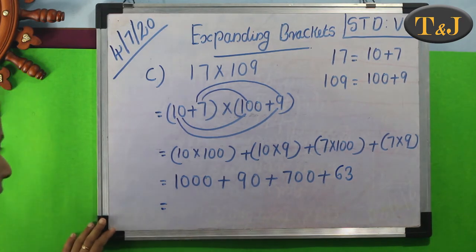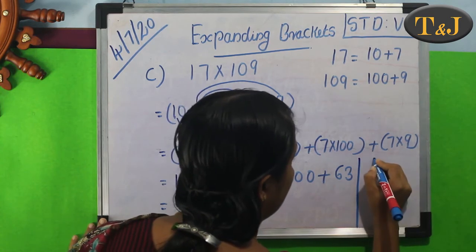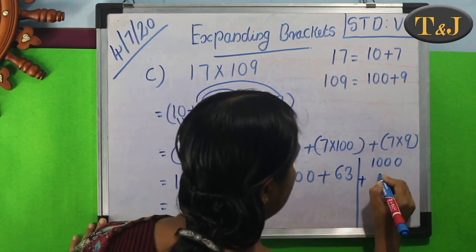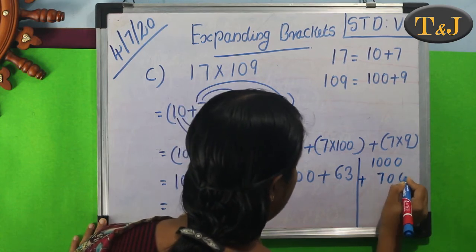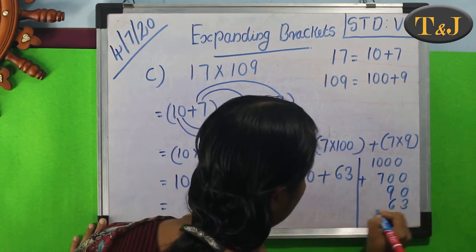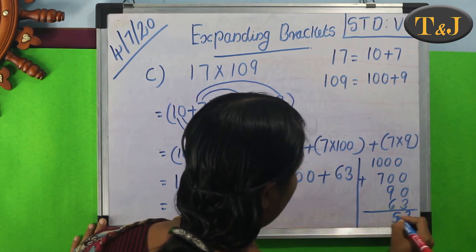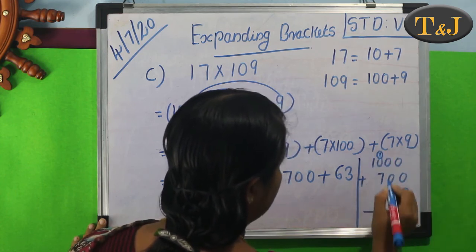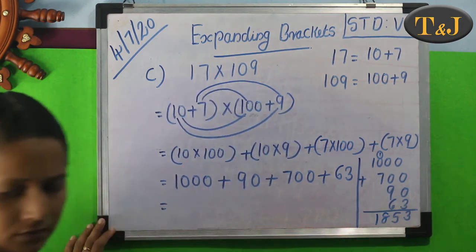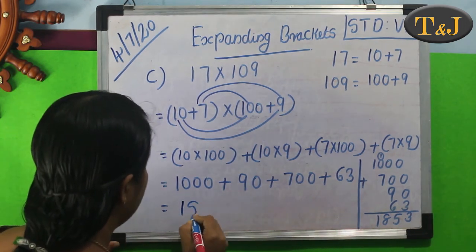Then we adding these four numbers, that is 1000 plus 700 plus 90 plus 63. Then 3, 9 plus 6 equal 15, 5, 1 balance, 7 plus 1 equal 8 and balance 1. Then we get the answer as 1853.